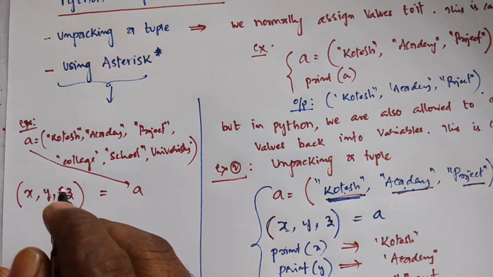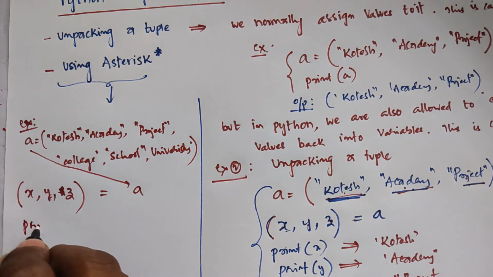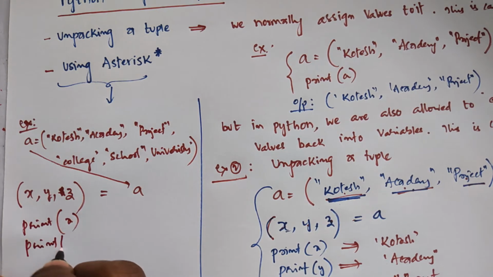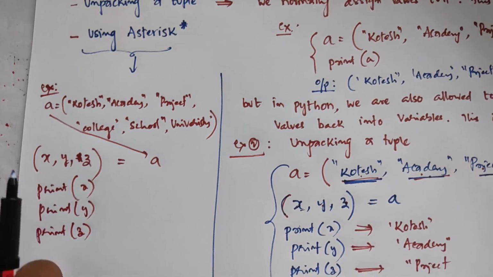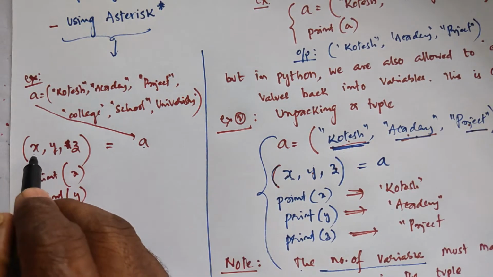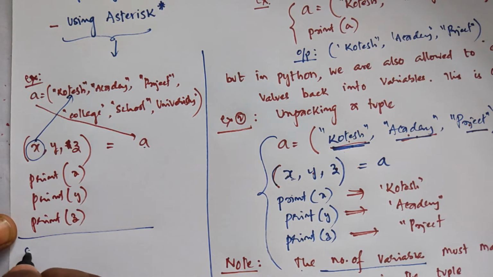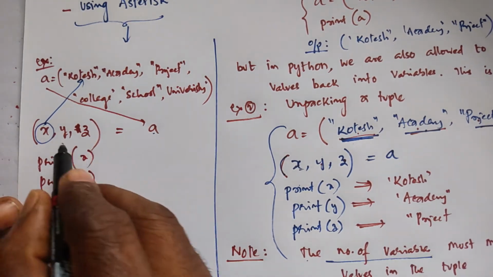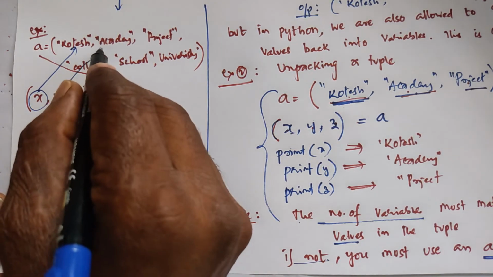After that, you write print of x, print of y, and print of z. After execution of these lines, the first item is stored in x. What is the x value? The output is cottage. Next is the y value, which is academy.